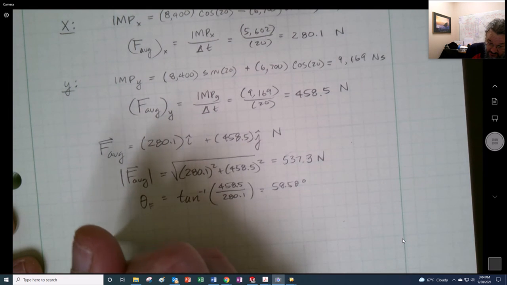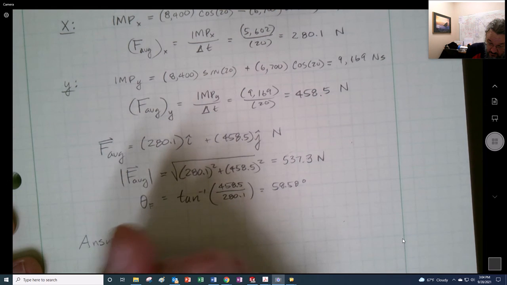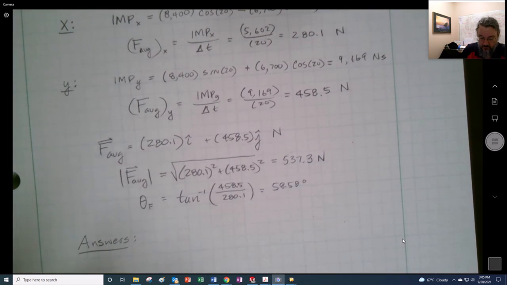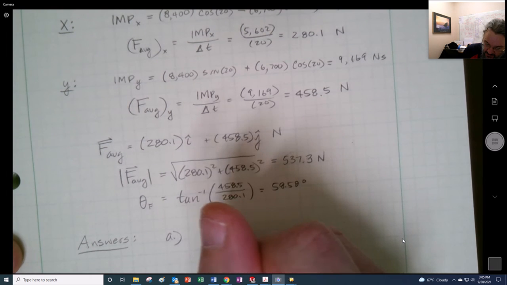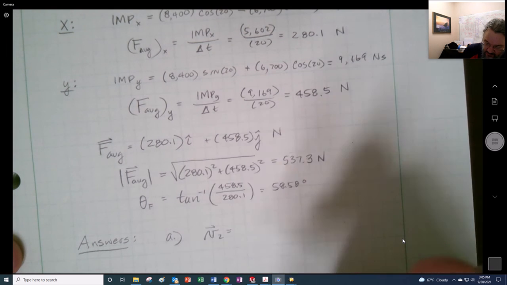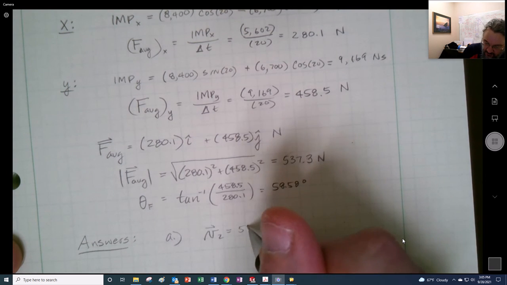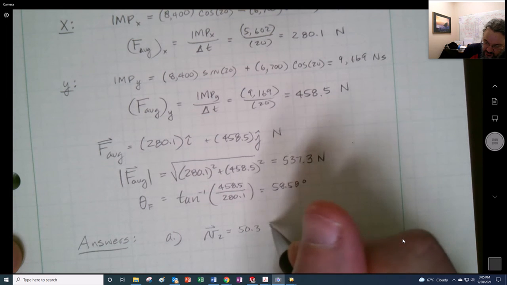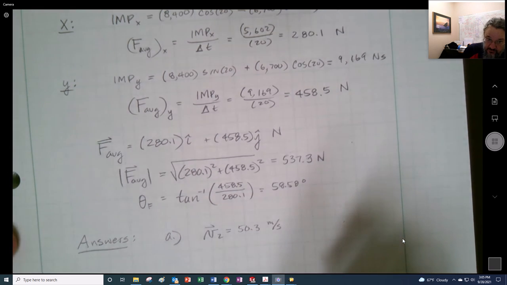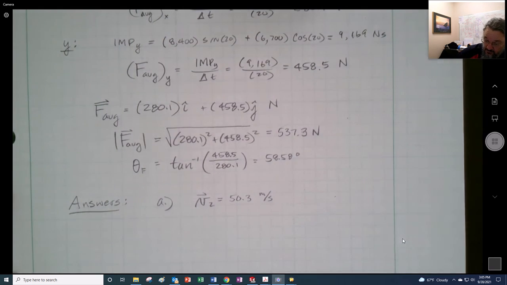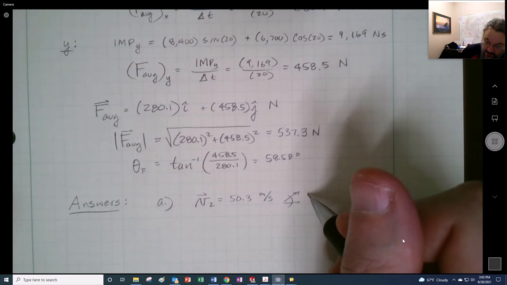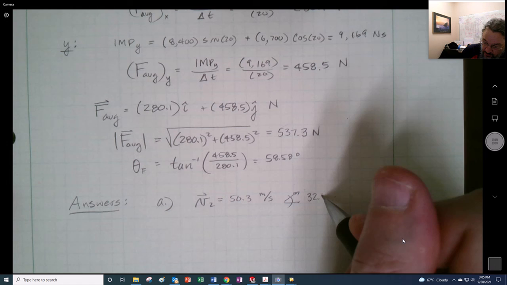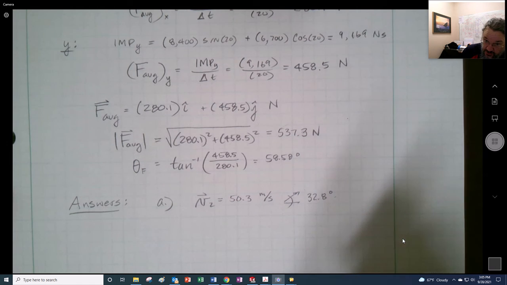We got the answers. A is going to be the velocity after this impulse has been carried out of 50.3 meters per second, and put the quadrant in there, that's going to be at 32.8 degrees.